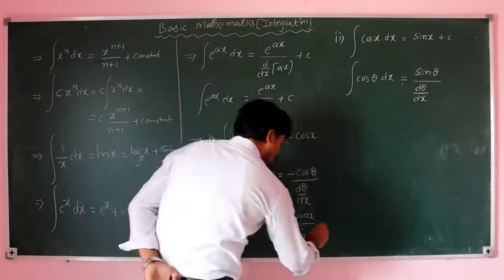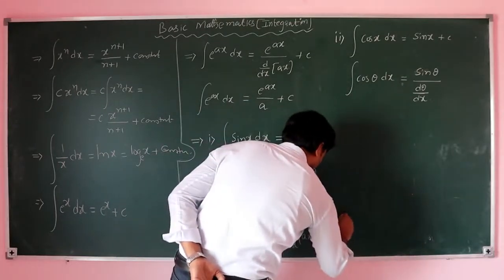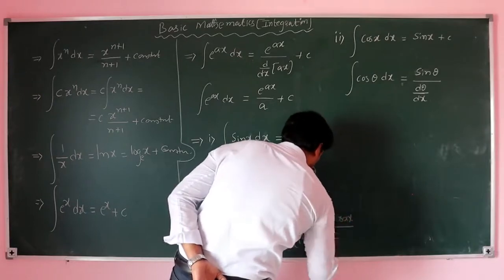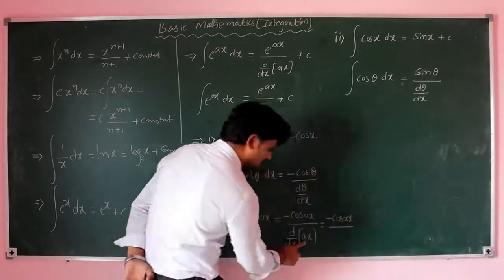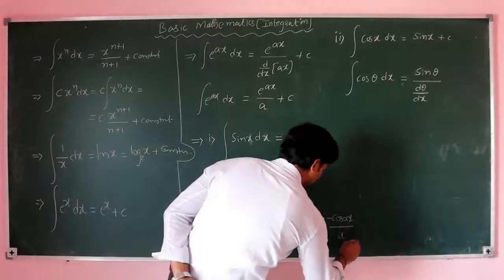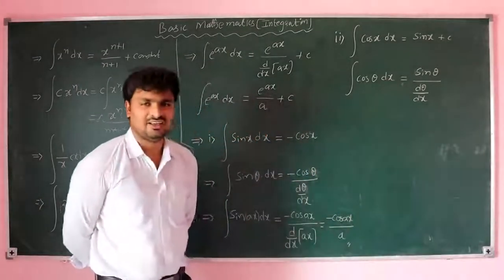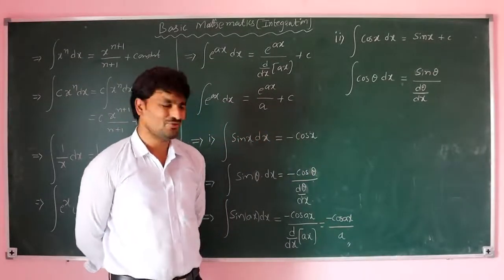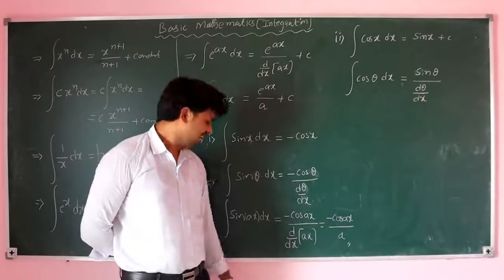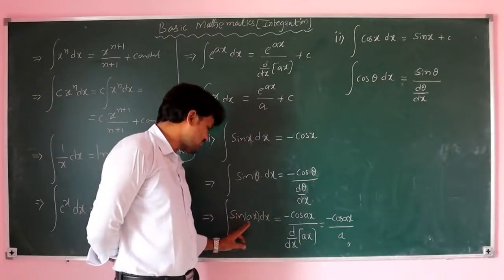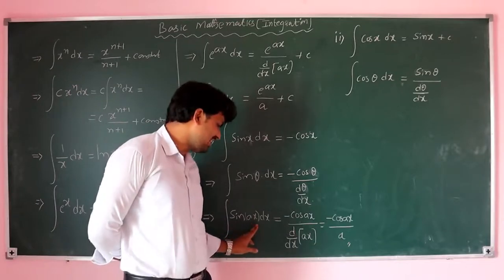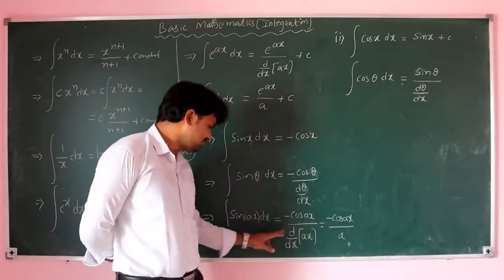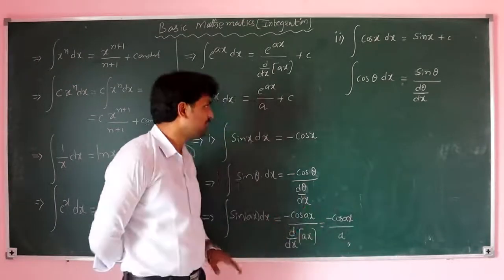Differentiation of ax, how much are you getting? Minus cos ax upon the differentiation of ax. A is constant, differentiation of x is 1, so you get a. Integration of sine is cos, and d by dx of ax is a.